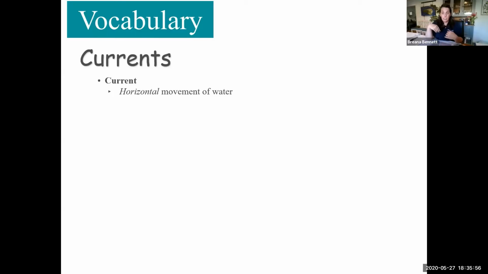It's the current that is pushing you horizontally. The tide is what is moving you up and down, changing the underkeel clearance, the depth of water below, or the air clearance to a bridge. So the current is what moves horizontally. Does that make sense? Yeah. Okay.